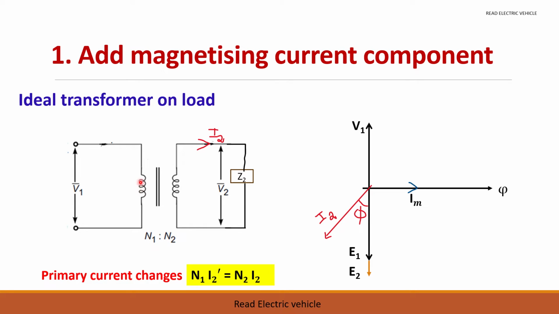So initially we saw that when there is no load, only a small magnetizing current flows. So now the primary will take some additional current I2 dash to compensate the secondary MMF. So N1 into I2 dash, N1 being the number of turns in the primary winding, will develop an MMF which will cancel the secondary MMF N2 into I2.